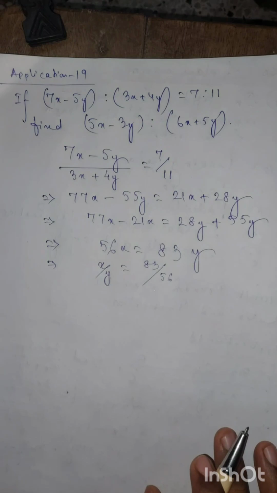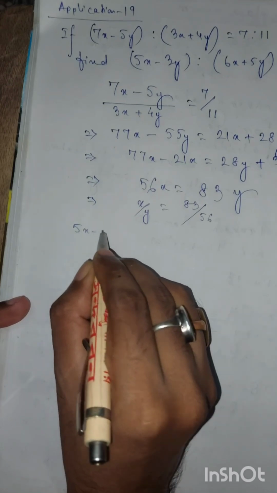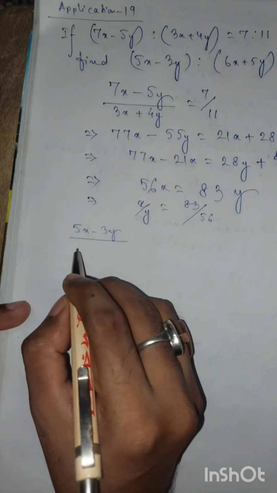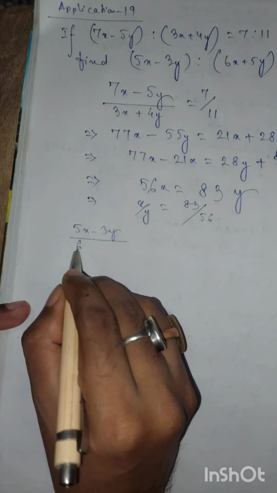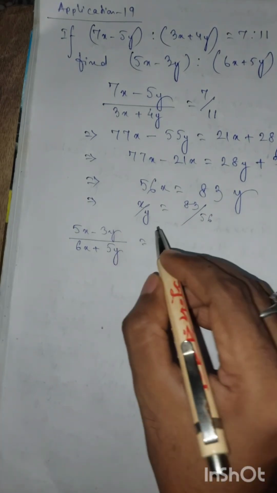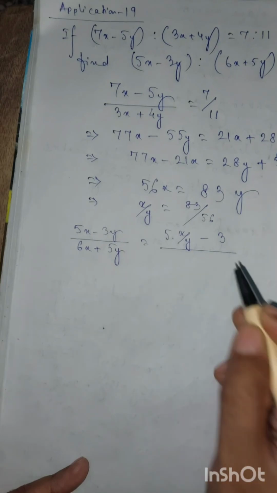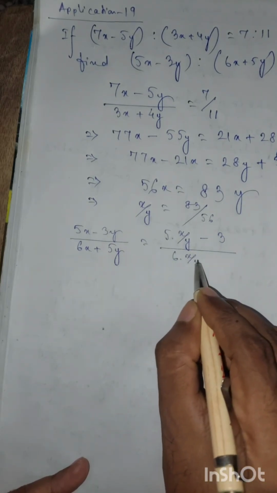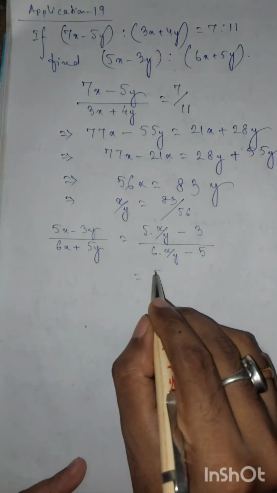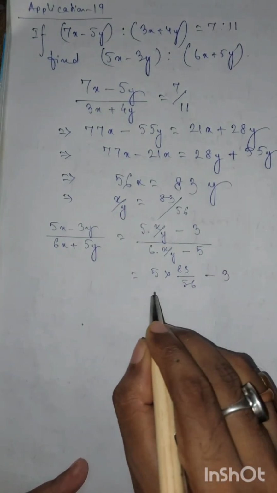Now, we need to find out. Now, if we divide the numerator and denominator by y, we get, now putting the value of x by y, we get 83 by 56 minus.